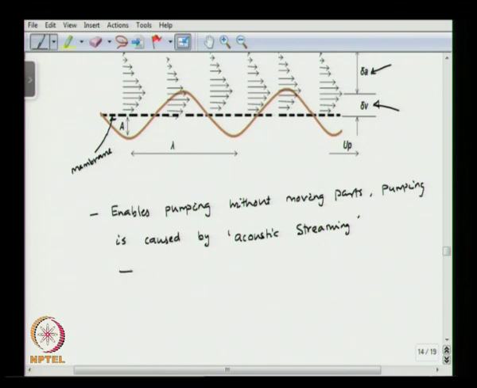Okay. And this is induced by mechanical travelling waves, okay, similar to that of a string. Okay.